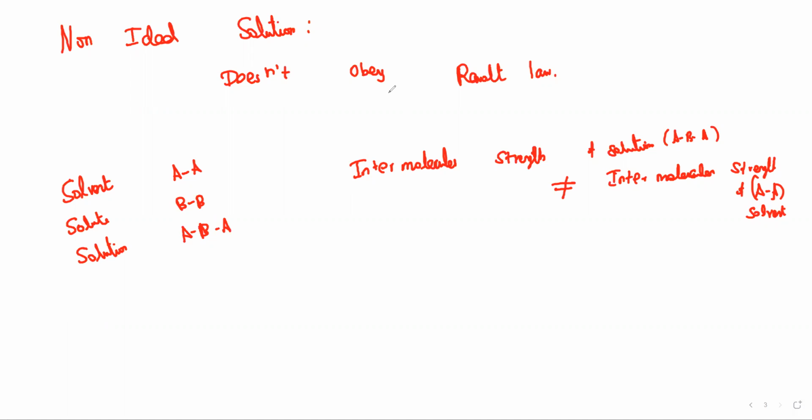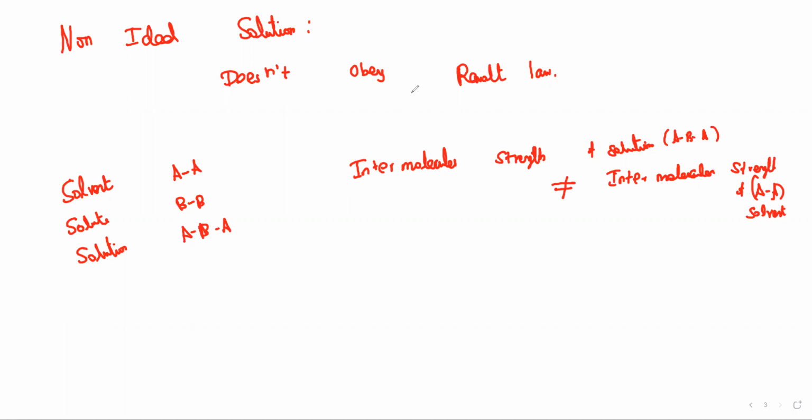What is the meaning of not obeying Raoult's law? If the solution doesn't obey Raoult's law, then the vapor pressure calculated from Raoult's law varies from the original value. That's the meaning, right?